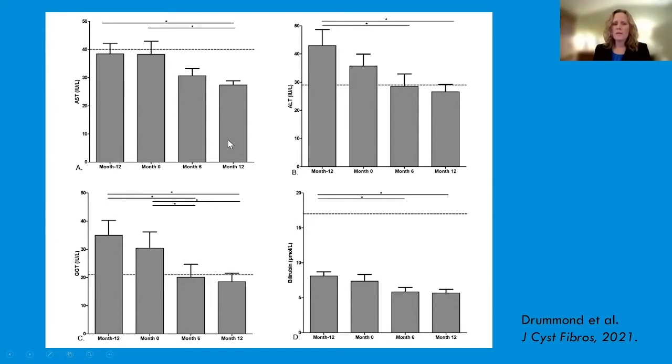And it is clear that all of these parameters improved on treatment. I'd like to mention that our very own Zach Sellers is presenting his data on a similar study looking at treatment with tezacaftor ivacaftor and lumacaftor ivacaftor and non-invasive parameters later this afternoon.